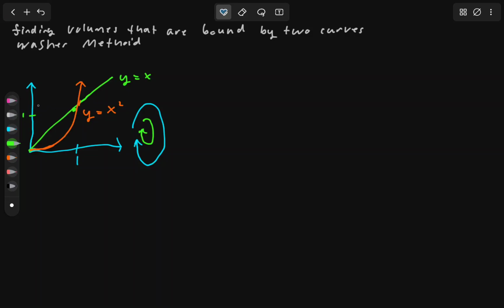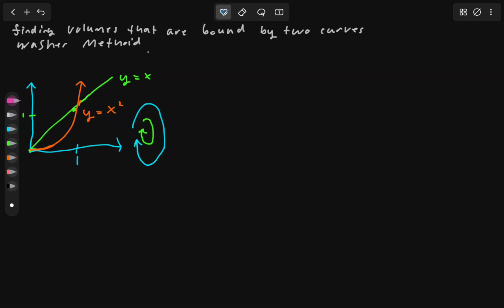We're still going to rotate this about the x-axis. Whichever function is greater, in this case y equals x is greater than y equals x squared from 0 to 1, we are going to subtract the smaller area.